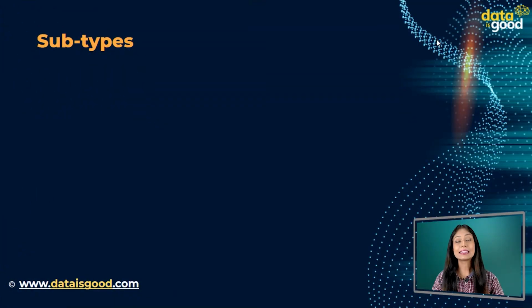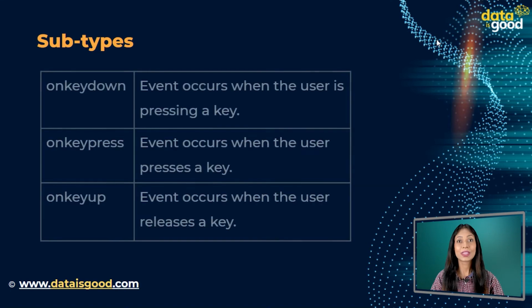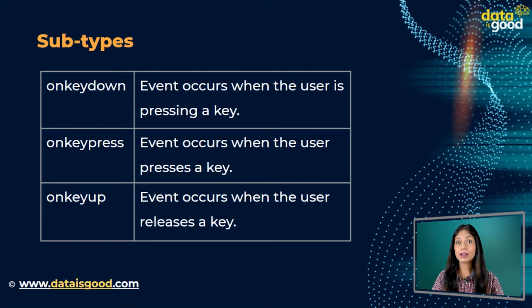Well, now this is the time for our last type of event, which is the keyboard event. I'm pretty sure, just like the last lecture, you will find this type of event interesting as well. Let us see the subtypes of the events that we are going to see in this lecture. This is the order of events which occurs when the user interacts with the keyboard: onKeyDown, the event occurs when the user is pressing a key; onKeyPress, the event occurs when the user presses a key; onKeyUp, the event occurs when the user releases a key.